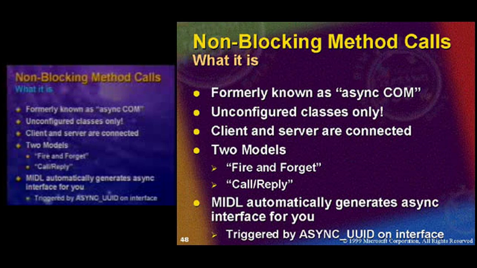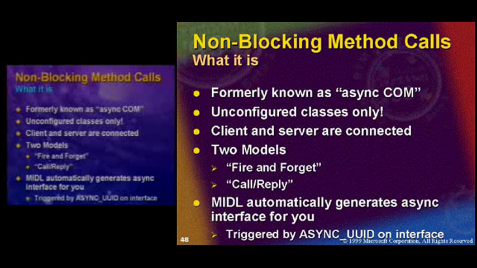The nice thing about this is that you can specify an attribute in your IDL, assuming that you have IDL, which is the async_UUID attribute. When you do that, MIDL is automatically going to generate an async interface for you. This async interface splits every synchronous method into a Begin and a Finish method.